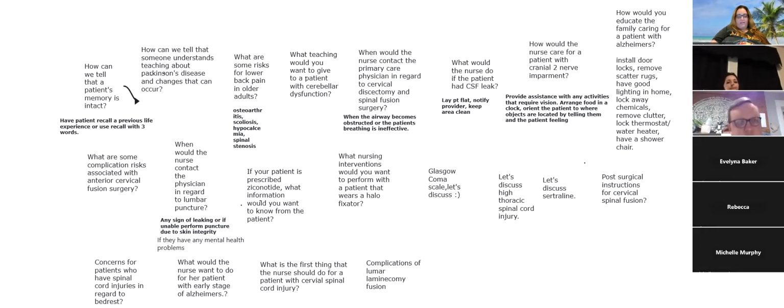So we have a newly diagnosed patient with epilepsy. And we want the client to be able to state back to us about medications. In regards to the medications, what do we want? What do we want them to tell us about?